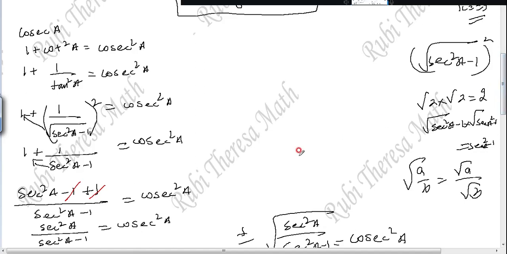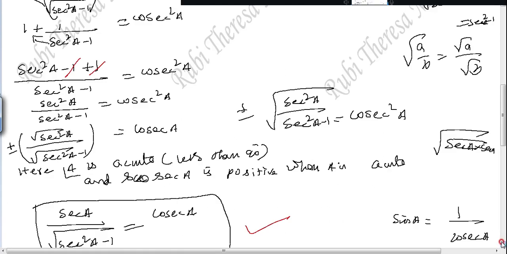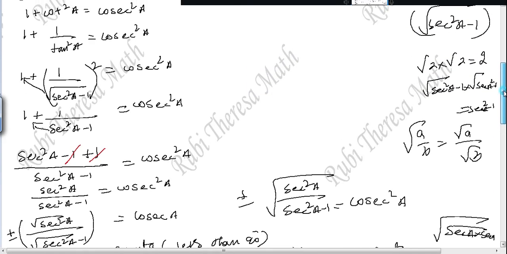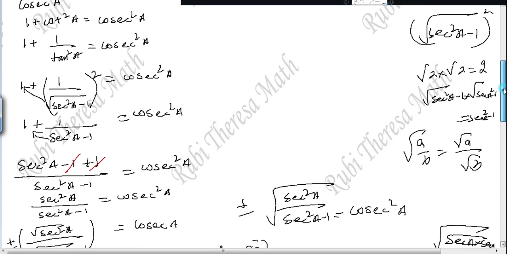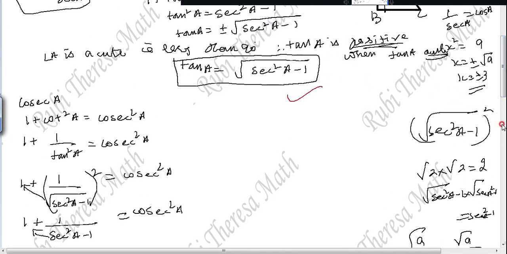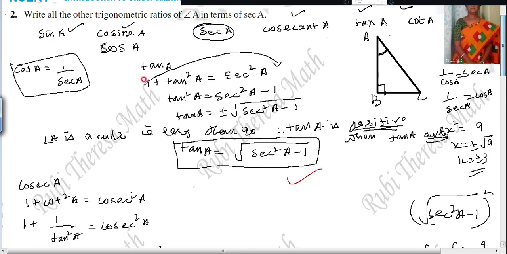Next. Where is it? Next one. Here, tan A. Cos A, isn't it? Next here, tan A. Next, where is it?